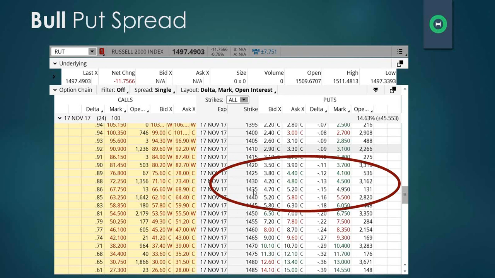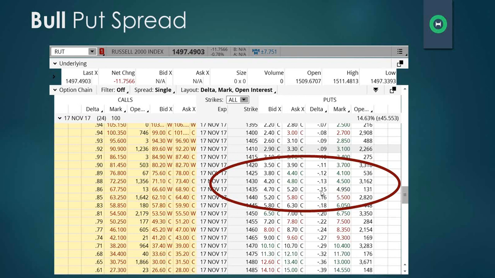Also, I'd like you to notice at this point in time we're selling the 14.35, and you can see that right here we have a delta of about 0.15. Usually what I do is look between the delta of 0.1 and 0.2 and zero in on whether there's support and resistance, and does it make sense to set up the credit spread at that point.